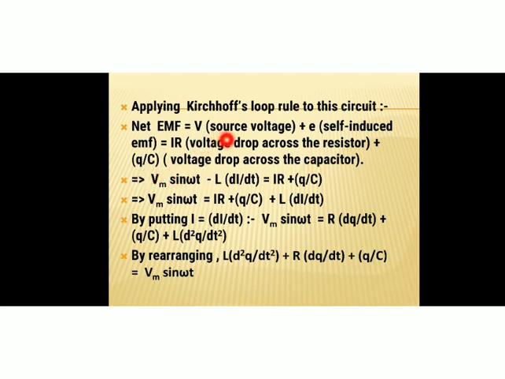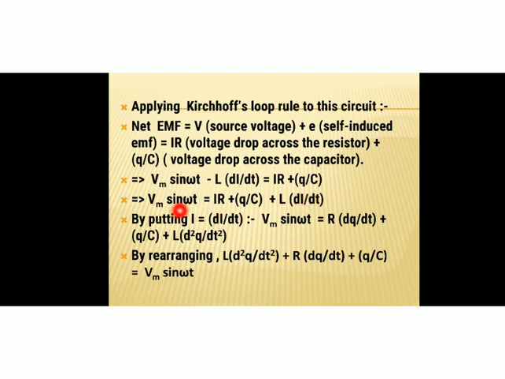Now substitute. V means the AC voltage source, which is Vm sin omega t. Then plus E, the self-induced EMF, whose expression is minus L into di by dt. So this plus will become minus here, equal to IR plus Q by C.